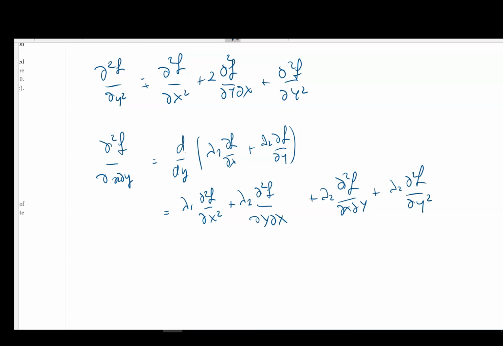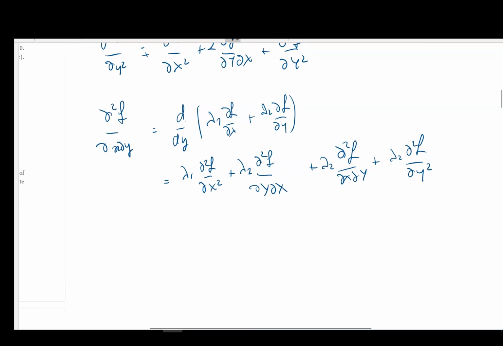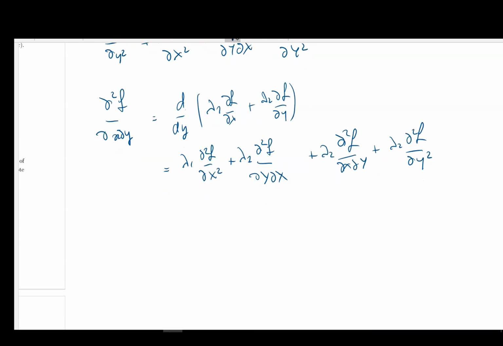Now if you sum up, the initial term that we wanted to substitute was this one, a1 d2f over dx2 plus a2 d2f over dx dy plus a3 times d2f over dy square. That is going to be equal to something.